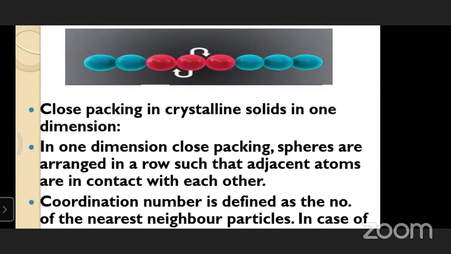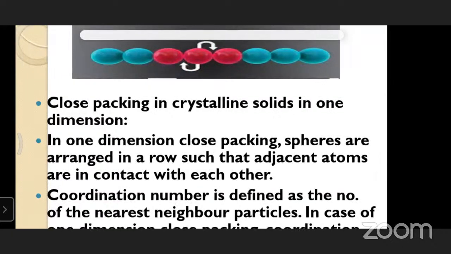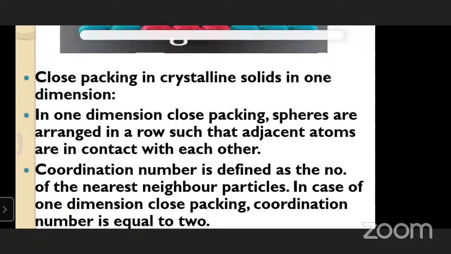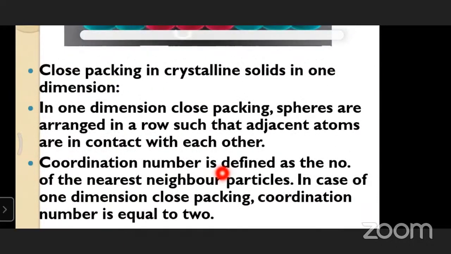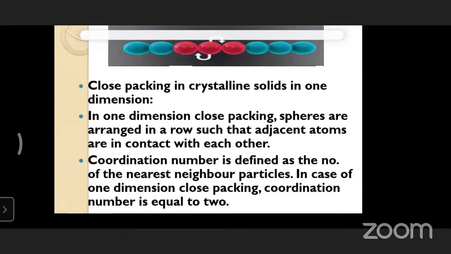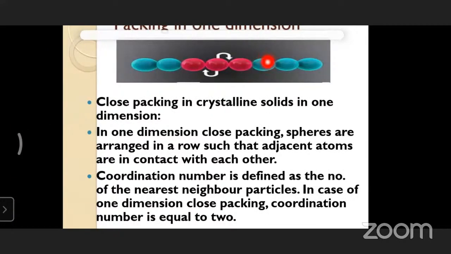Because the middle atom is attached with this one as well as this one. Similarly, for every atom the coordination number is 2. Yes or no? Right. In the case of one dimensional close packing, the coordination number is equal to 2. It was clearly mentioned and we have already discussed that. This is called one dimensional packing, and the coordination number is equal to 2 here.